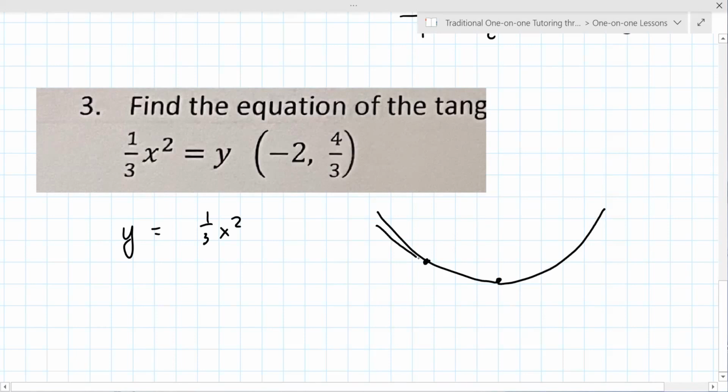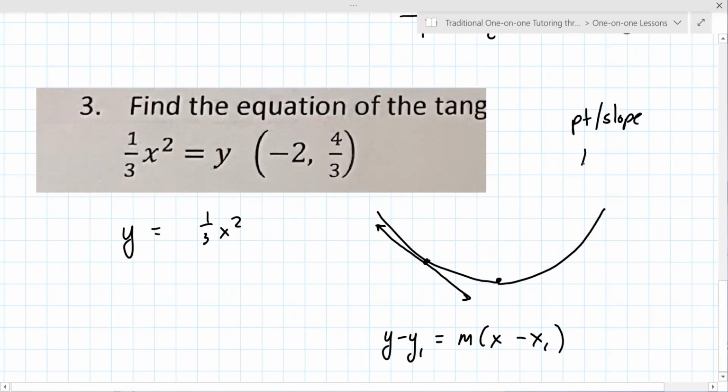So there's a line that only hits it in one spot. That's the tangent. For the equation of a tangent line, you almost always use what's called point slope form. You guys remember that from previous classes. There's two things you need. The first is the slope, and the second is a point. So they give you the point. You're all squared away on that.